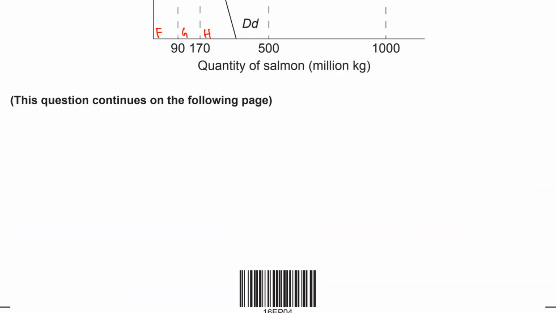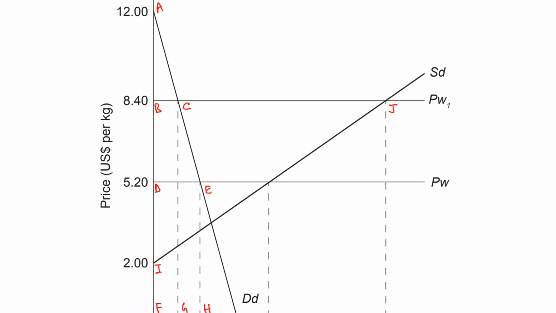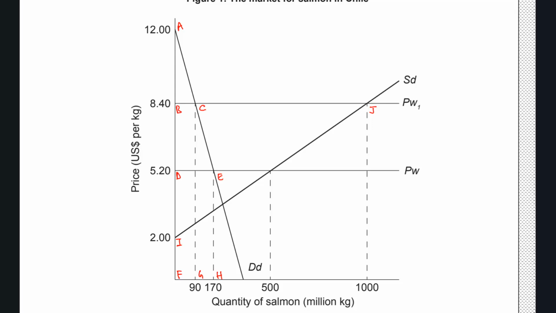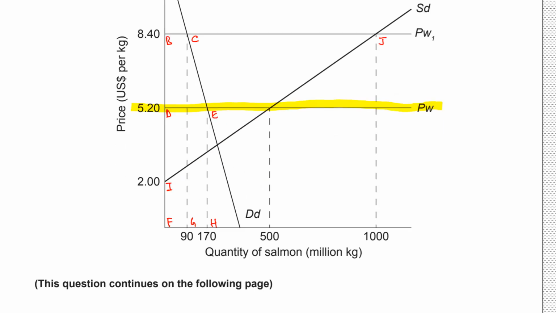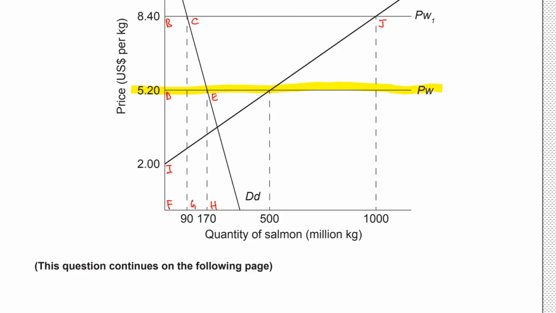Okay, so let's go back up to the diagram. Here is the before price at $5.20. And so the total amount of spending at $5.20 would be, if we go to the demand curve, we can see that we're going to be at point E over here.